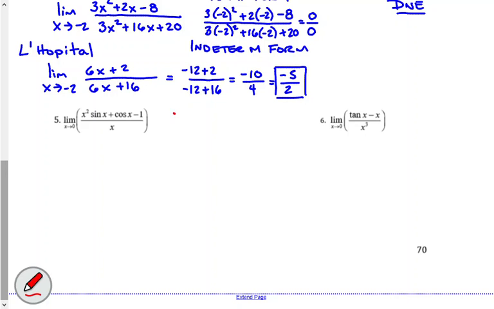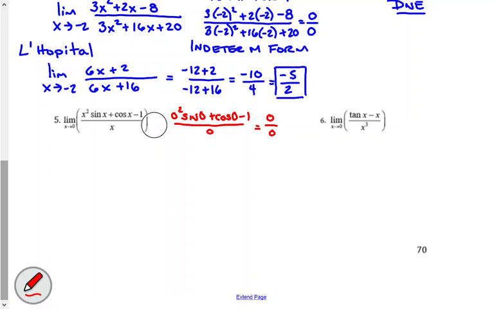First, 0 squared sine 0 plus cosine 0 minus 1 over 0. And don't write an equal sign. If you do write an equal sign and you get 0/0, then just change the equal sign to an arrow. That's what I usually do. So try not to write it, but if you do, just change it to an arrow. Okay, so now we have an indeterminate form.